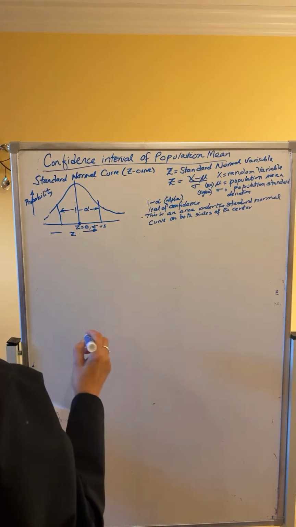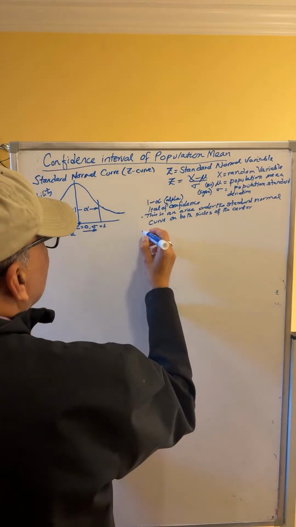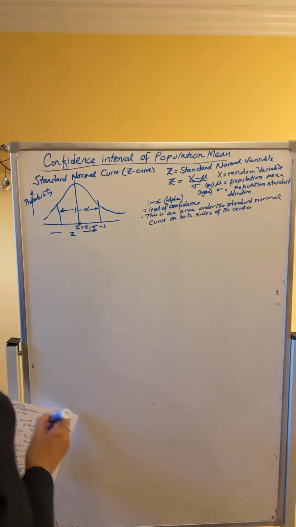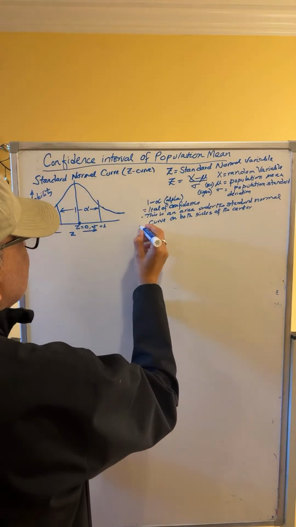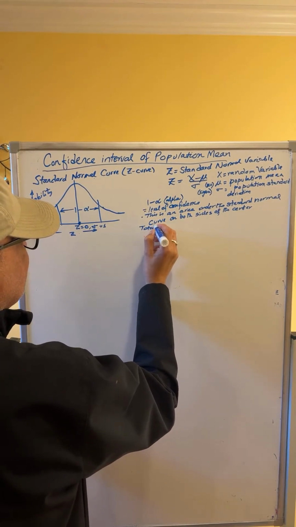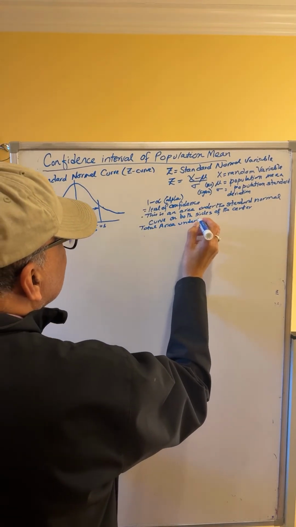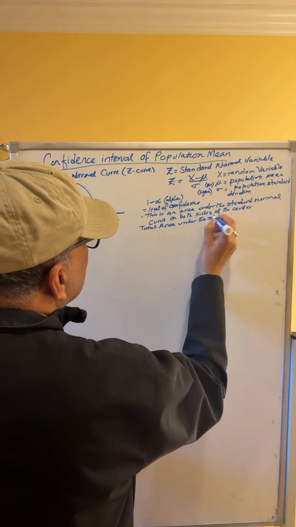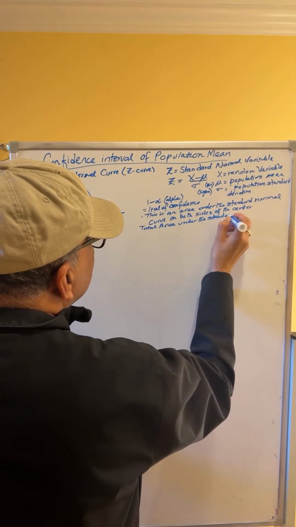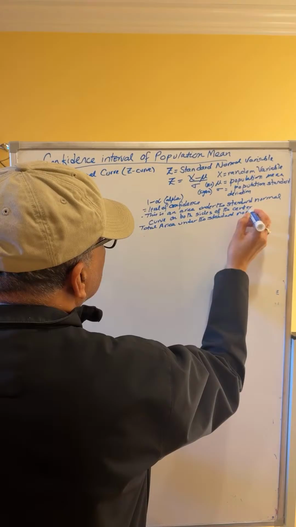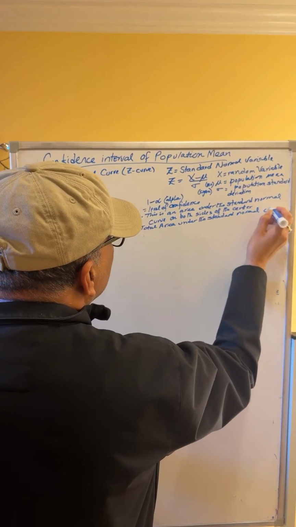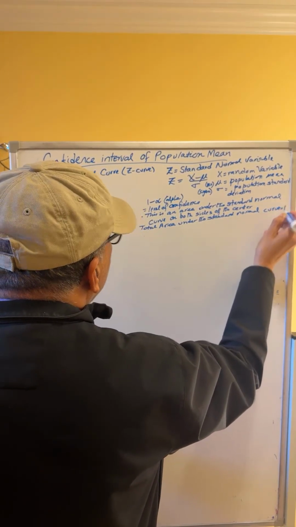So what is alpha? Your level of confidence is 1 minus alpha. The total area under the standard normal curve is 1 because the sum of probability is 1.